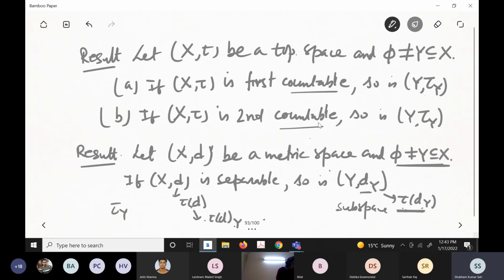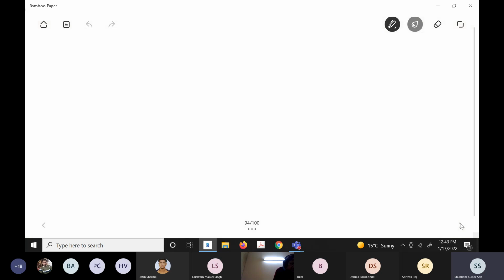A subspace of a second countable space is second countable, but any second countable metric space is separable, so it will be separable. But this thing I need to prove. So this is true for a metric space. For a general space, it need not be true. That I want to give you an example.